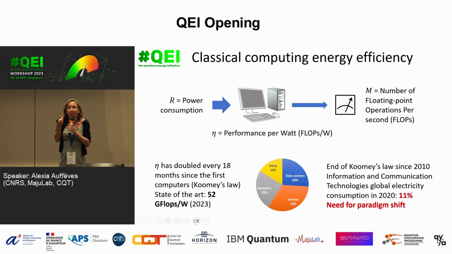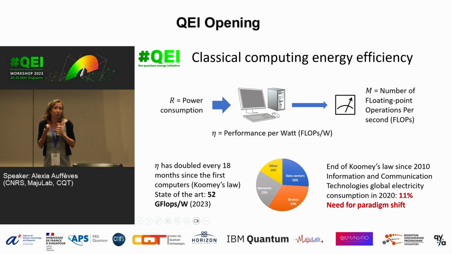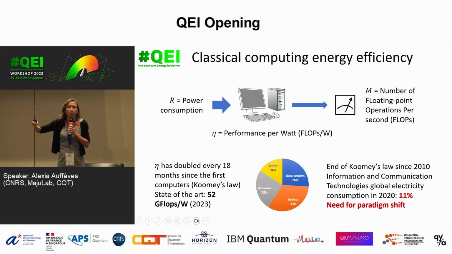Then you divide this performance by the power you need to give to your computer so that it does its job. This performance per watt has the dimension of the inverse of an energy, and this is what people have been using to rank the computers that were bigger and bigger.